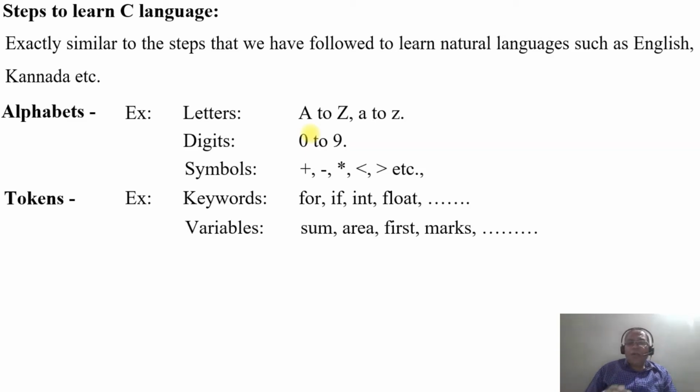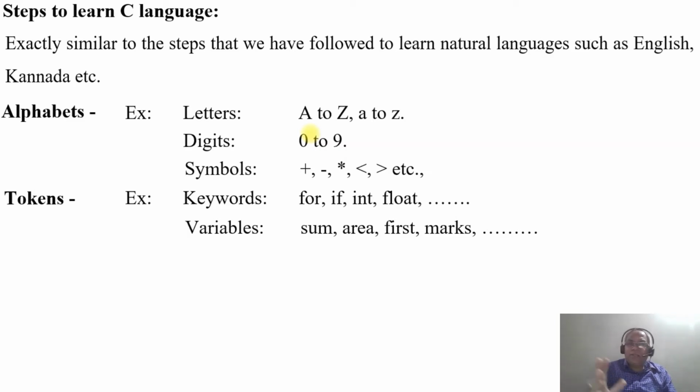Then I can declare variables, which can be used as names. Again, it depends on the program you are writing, how to identify the names. Suppose you want to add two numbers, then we can declare sum as the sum of the two numbers. So sum is a variable there. Similarly, if you want to find the area of a rectangle, then area is the variable.